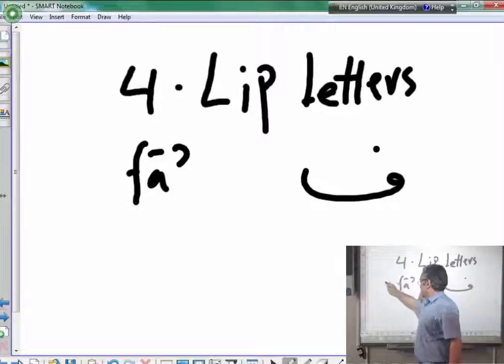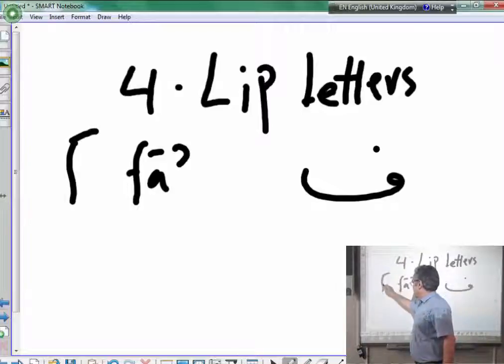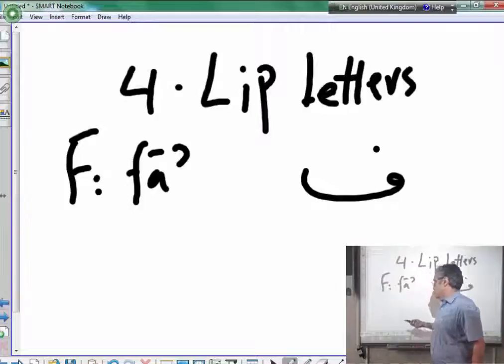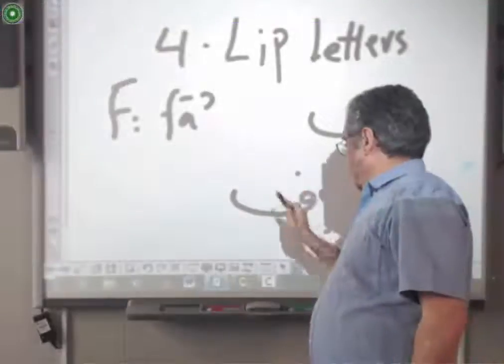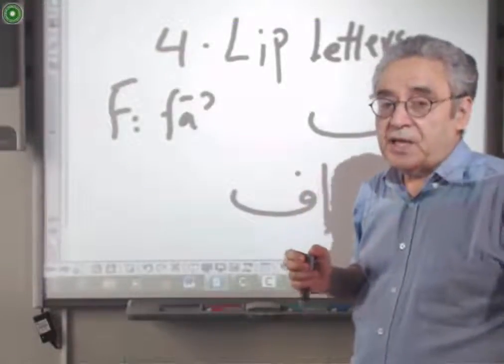Maybe the equivalent in English is F. In Arabic, this letter is emitted by pushing the upper teeth to the lower lip. You can say, for example, say it with me, if.